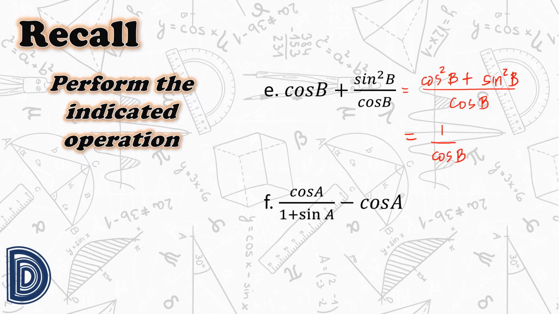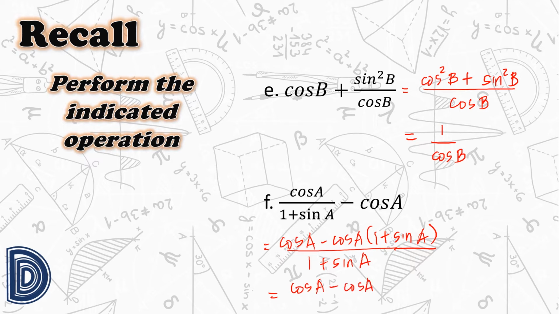Another one, we have cosine A over 1 plus sine A minus cosine A. So the LCD is 1 plus sine A. Then we have cosine A minus cosine A times the binomial 1 plus sine A. Distributing cosine A to the terms inside the parentheses, we have cosine A minus cosine A times 1 minus cosine A sine A, and this is over 1 plus sine A. Cosine A minus cosine A is 0.